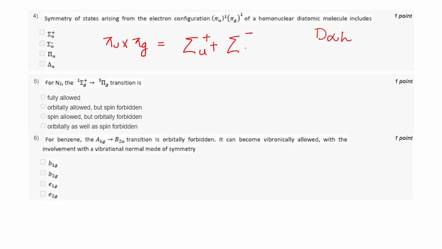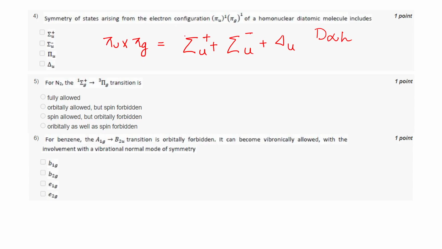During the exam, are you going to provide this character table? The character table will be provided to you, I guess. I am sure that it will be provided. Else you can't mug up; this is very hard, right? So see, a homonuclear, but both of them are different, pi u and pi g, right?